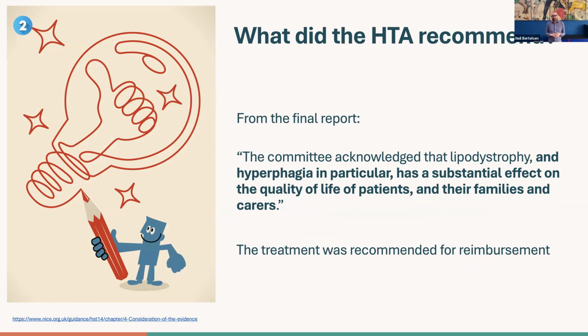And the HTA recommended that the treatment be reimbursed. They actually called out at the very beginning of the recommendation that this symptom in particular has a substantial effect on the quality of life of patients, families, and carers. So from the very beginning of their final recommendations, they said, okay, this is a problem, and this treatment can hopefully impact that, and we will recommend it for reimbursement.